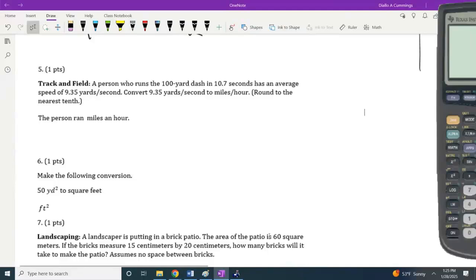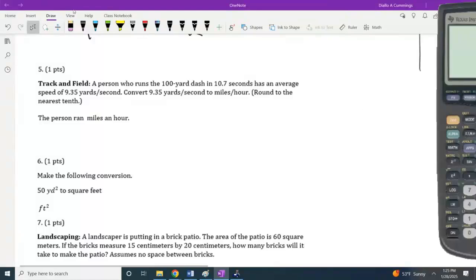Okay, so let's just take it one at a time. A 100-yard dash, 100 yards would be the length of a football field, right? So this says a person can run a football field in 10.7 seconds.